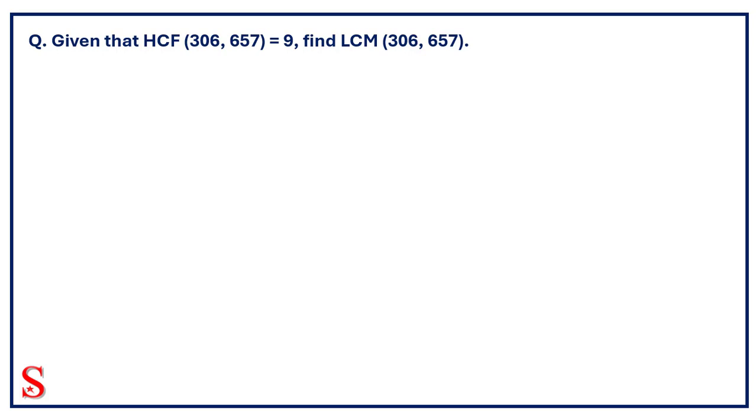And HCF and LCM. Correct. So from there we get a formula. What's that formula? HCF multiply LCM equals the product of the given numbers, which is 306 and 657.